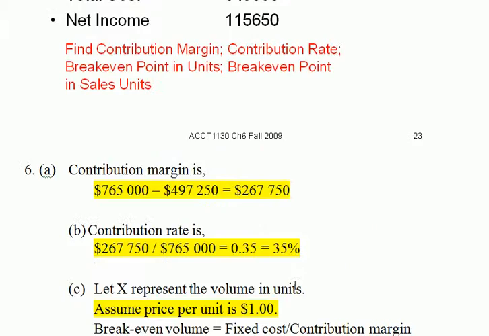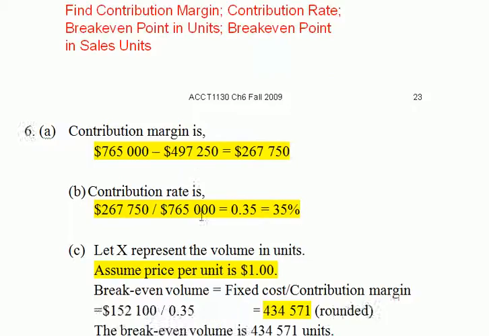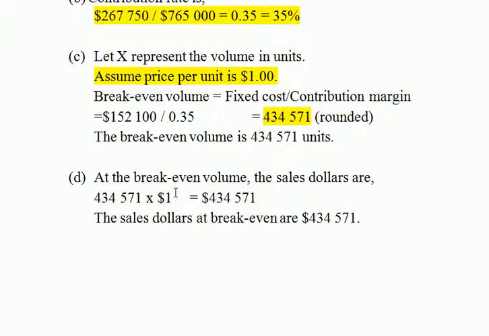The last question, let's just check it. Break-even point in units, we've done that. Break-even point in sales was the last question. At the break-even volume, remember that's how we just calculated, we calculated break-even volume is 434,571.